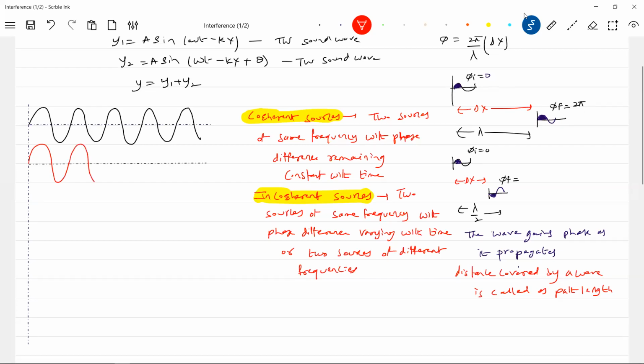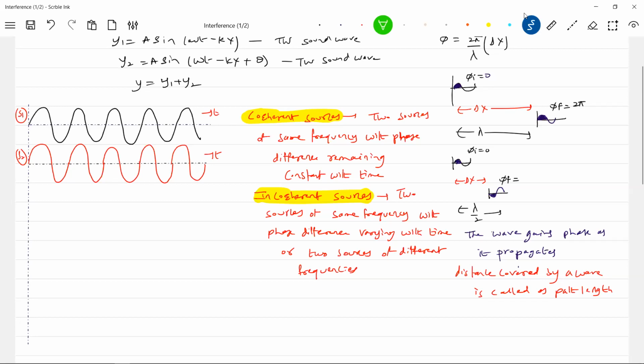Look, both are having the same frequency. This is source S1, S2. The y-axis is the amplitude and the x-axis is time. This is the y of t graph of the waves generated by the two sources. So definitely these two are coherent.